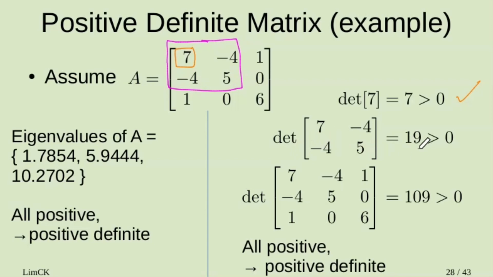You see this one, the determinant is 19. Good, positive. Third, we expand the square to the whole matrix. We find the determinant of the whole matrix, and you find that this is equal to 109, positive as well. So since all three are positive, this is positive definite.